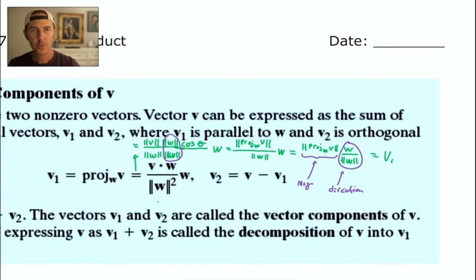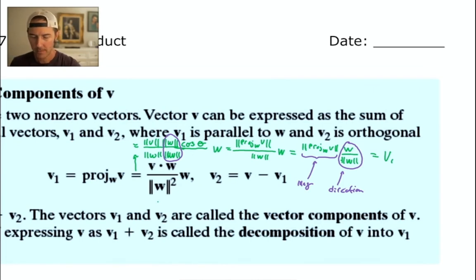My hope is that that was actually helpful in helping you make sense out of really what the projection of v onto w is, where it gets its direction, how it gets its magnitude, the fact that you're taking a number and multiplying it by the cosine of theta, and that's helping to sort of find that adjacent leg of the triangle. Okay, so trying to relate it back to things that we already know. And ultimately we end up with this vector v1.